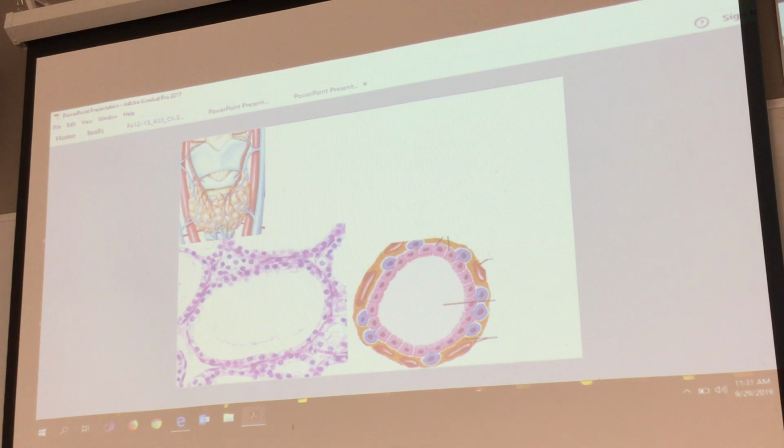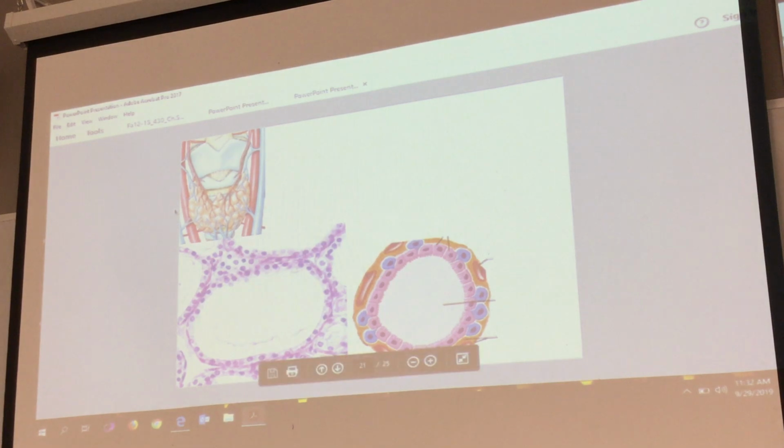Stratified columnar or simple? Stratified, yes. So the urethra has some stratified squamous at the exit, at the external urethral orifice. It's got some stratified columnar, and it's got some transitional. So it starts out with transitional, then tends to become more stratified columnar, and then eventually stratified squamous.